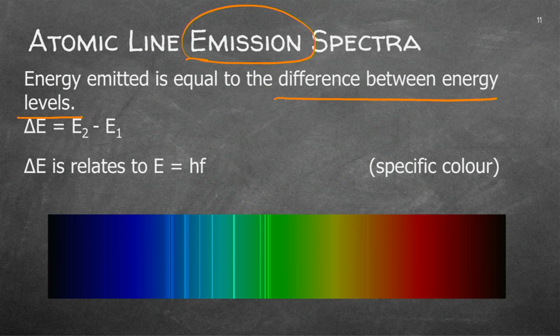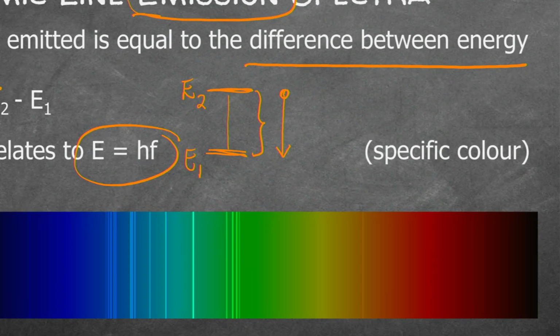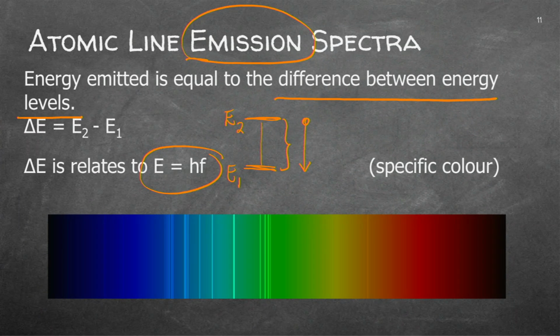So if we have an energy level there and we've got another one there, the difference between these two will be emitted as light. So I'm going to say this is energy level 2, this is energy level 1, and as soon as this electron goes down to E1, it will emit the difference in the energy as light, and you can calculate it with the constant that we have.